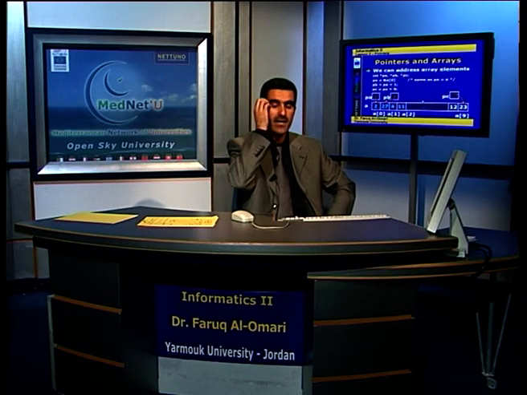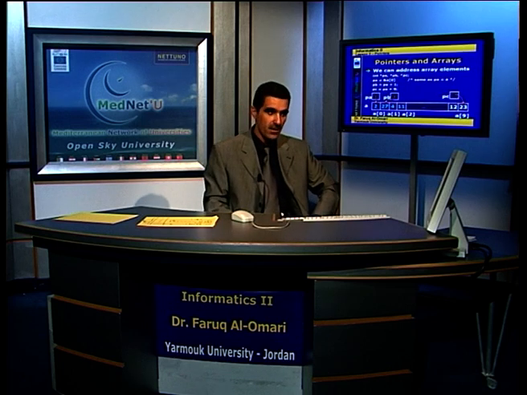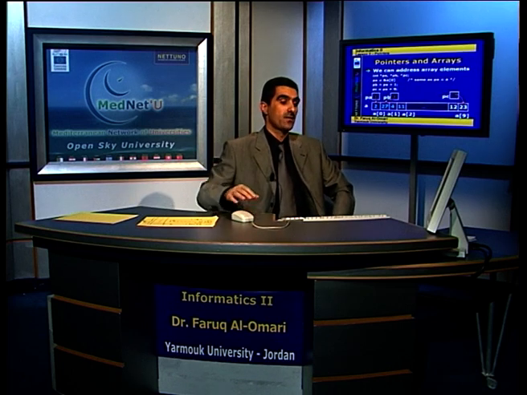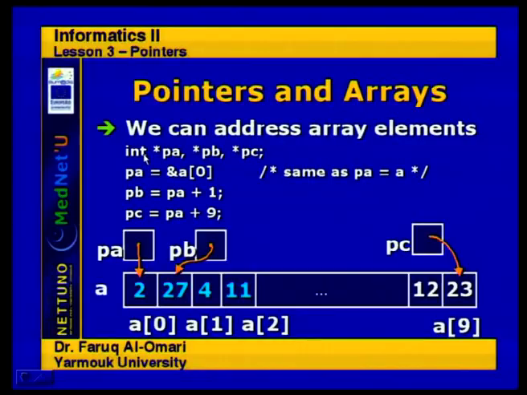Let's see how we can access entries in the array using the concept of pointers. For that, let's define PA, PB, PC to be 3 pointers of type integer, the same type as that of the array. Now we're making this assignment.